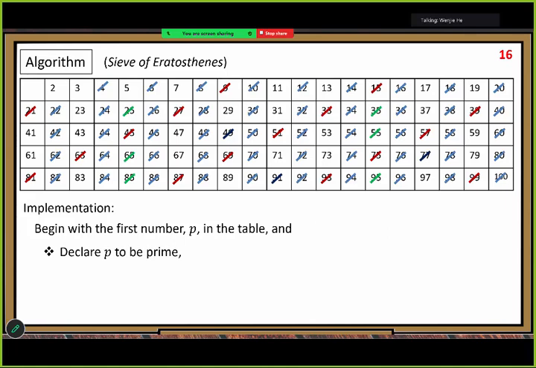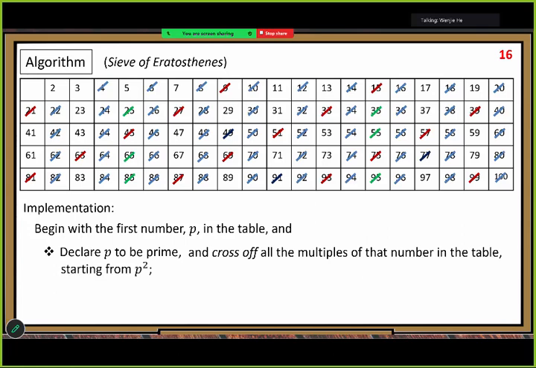When we start, it's a prime. Then, when we do eliminations, the elimination is related to the current prime P. We cross off all the multiples of that number in the table, but starting from P squared.